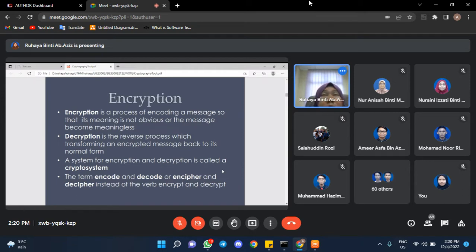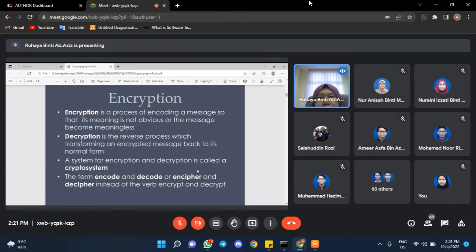The system related to encryption and decryption is called a cryptosystem. Sometimes we also use the words encode and decode, related to encryption and decryption. Encode, decode, encipher or decipher are used instead of the verbs encrypt and decrypt. The words can be interchangeable.